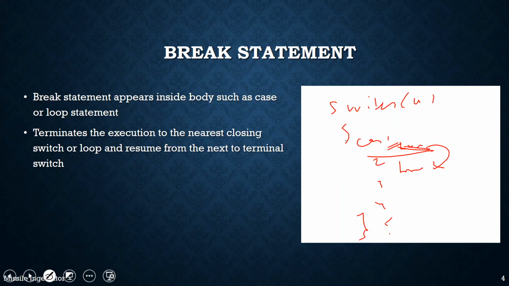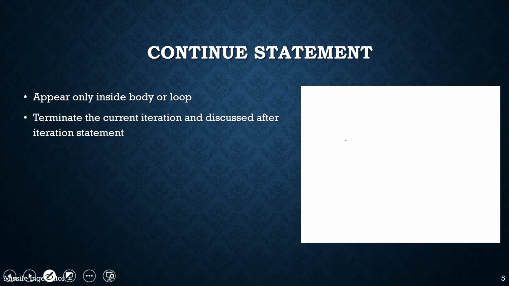If the break is available here, then it will execute whatever is inside case 1 and 2. Similarly, if the break is not available until case 3, then cases 1, 2, 3 will be executed. This is how the break statement works. Inside any loop it stops the execution flow and comes out of the loop. That's break functionality.